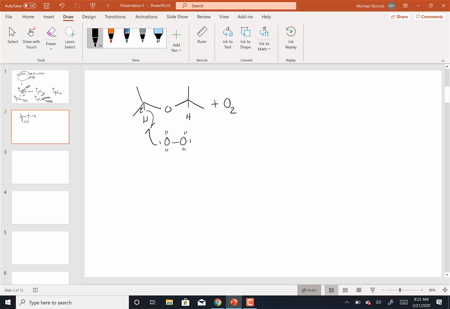The one electron in the CH bond will be used to pair up with the one electron in the oxygen. So step number one is to form basically a hydroperoxide. So one end of the oxygen gets the hydrogen atom, the other end stays as a radical.